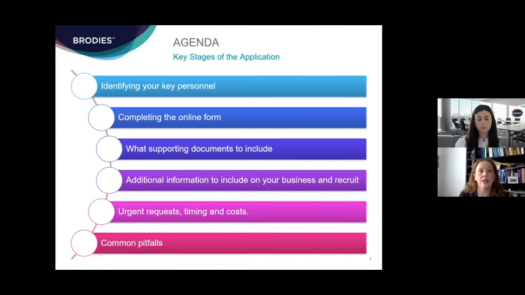Then Erin is going to talk about some additional information you need to include with your application in relation to your business and your new recruit, how to prioritise your application if it's urgent, and she'll talk about timing and costs, and also some common pitfalls, because over the years we've helped lots and lots of organisations with sponsor licences, so learning from their mistakes if they've had applications rejected, etc., is hopefully useful for you.